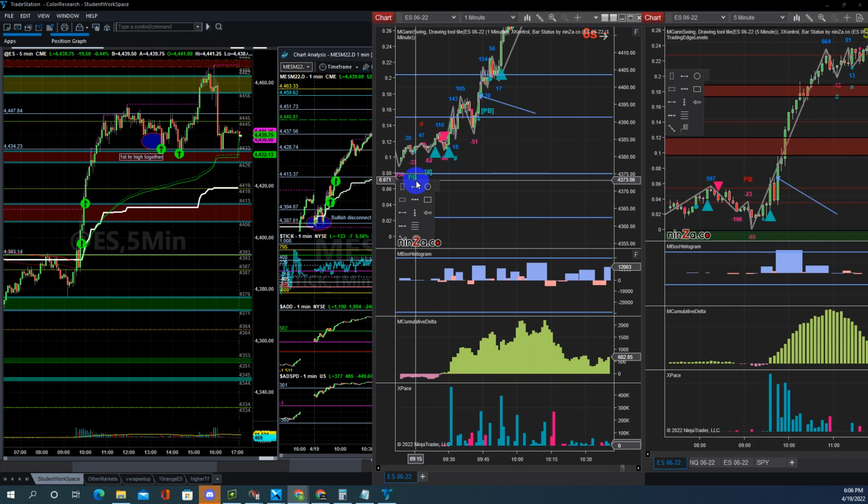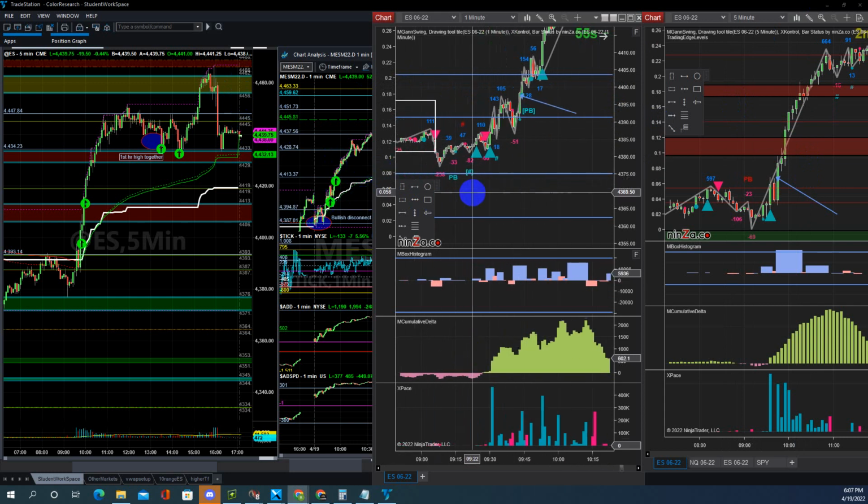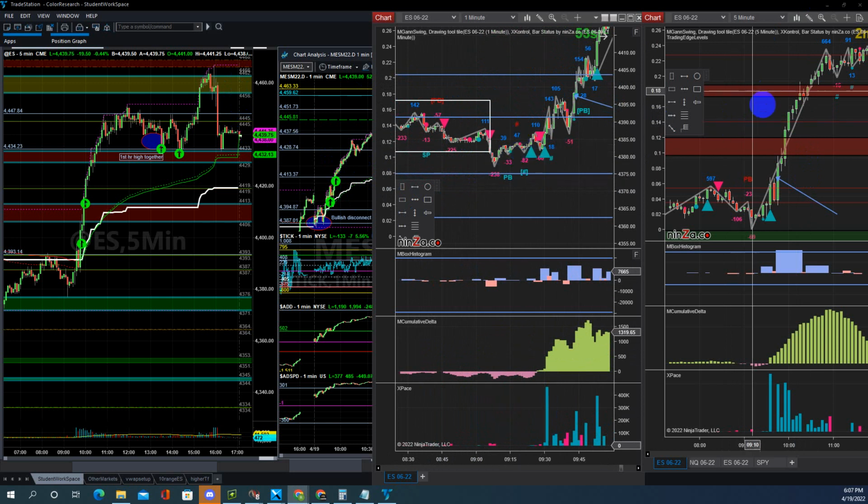Today I'm going to discuss ES, and NQ I'll take at a high level, but ES I'm going to discuss because it was a nice setup today. This is a 1 minute time frame in ES, and this is 5 minute.